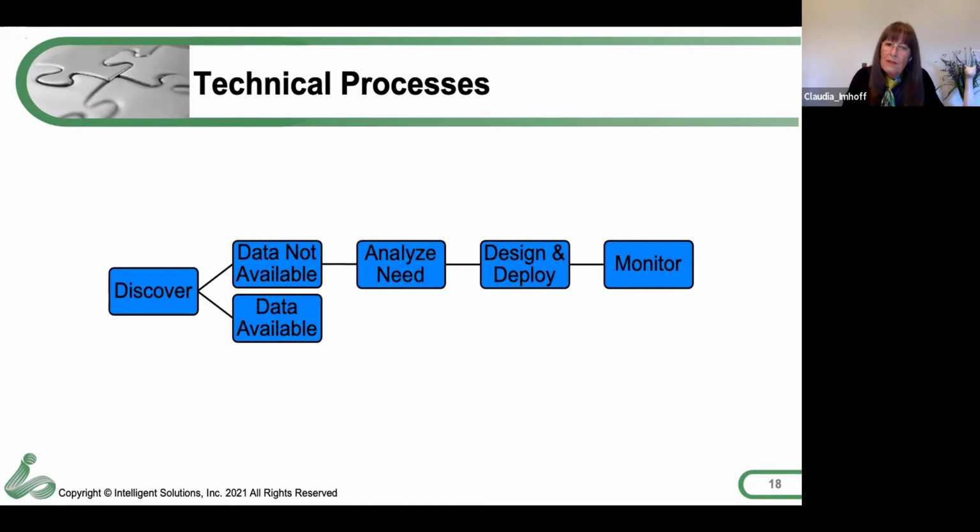Now, an important part of this data not available piece is to have the right technologies. And that gets into the analyze, the need step. Once you've identified the source, you then determine which of the three components, the enterprise data warehouse, the investigative computing platform, or the real-time analysis engine will be used.